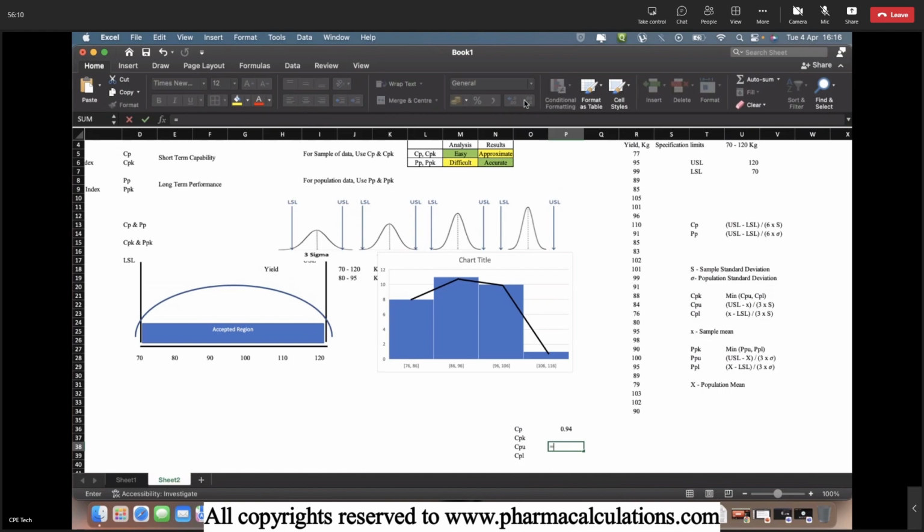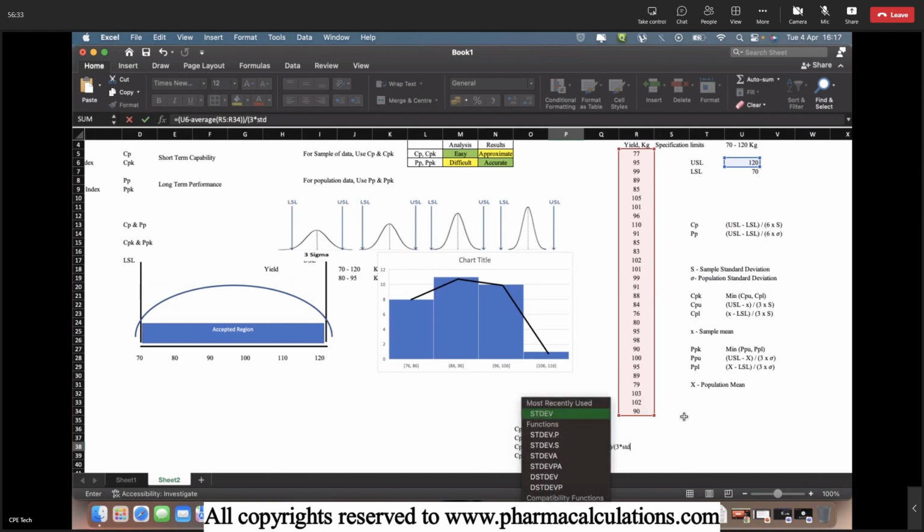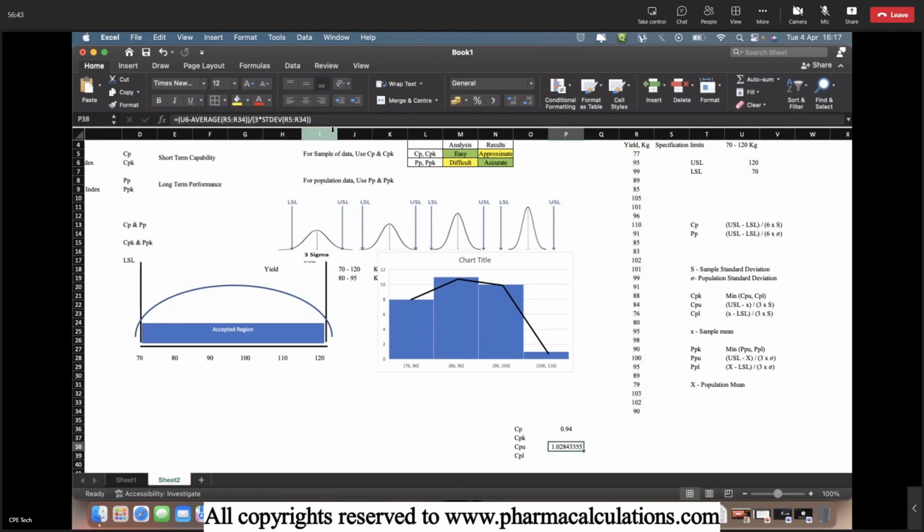So CPU is nothing but the upper specification limit minus the sample mean, that is, an average of this, divided by 3 times the standard deviation of the sample, STDEV. So this is approximately 1.03.